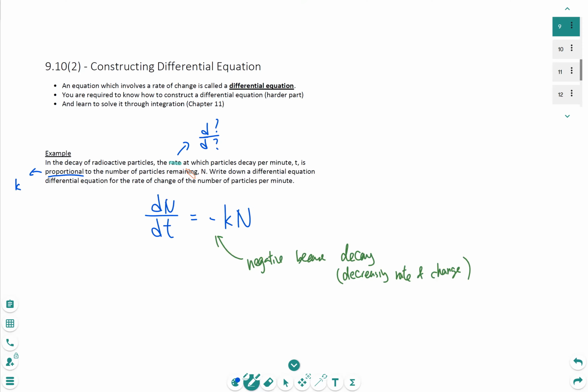The rate means what we're measuring. What is the rate measuring? The rate is measuring the number of particles per minute. So dn, the number of particles, over dt equals k times n. Direct proportional means k times the number of particles; if it were inversely proportional, it would be k over n. But it's a negative because it's decay.